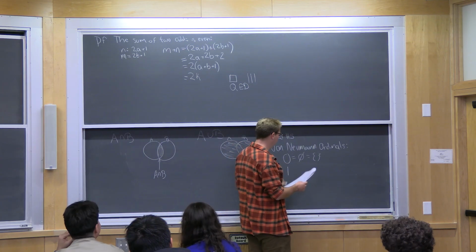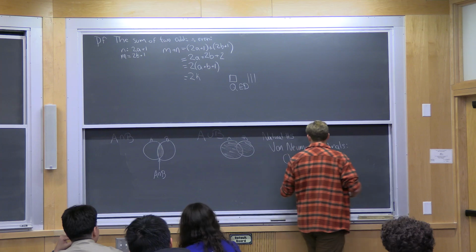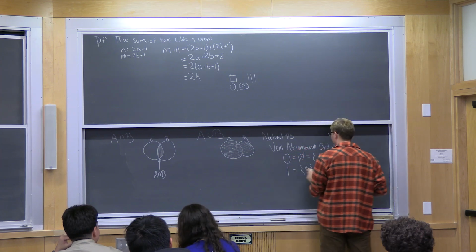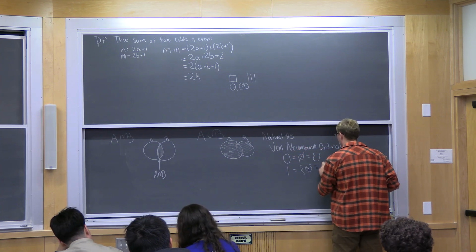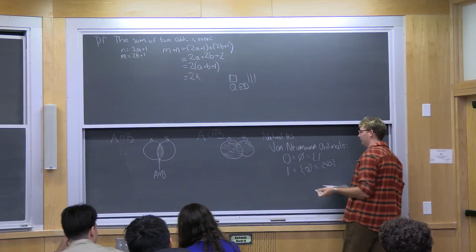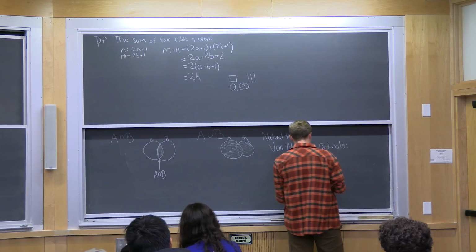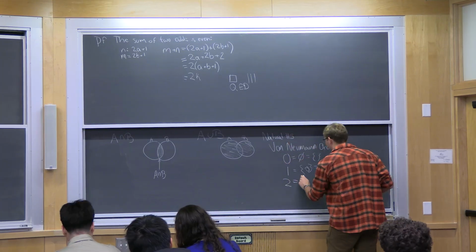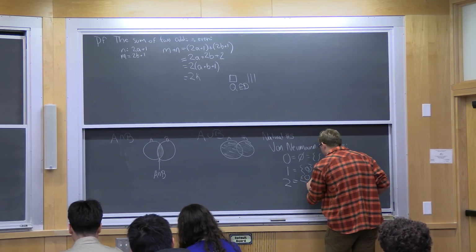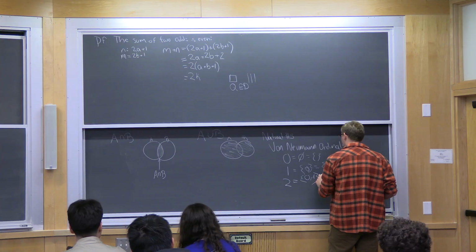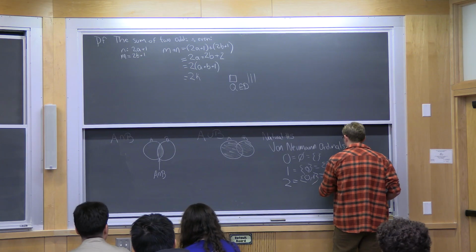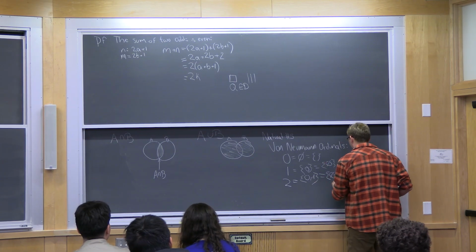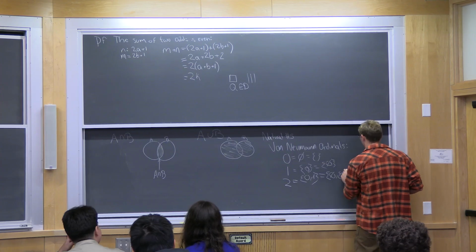And we let 1 be the set that contains 0, or the set containing the empty set. And then we let 2 be the set containing 0 and 1, which is the set containing the empty set and the set containing it.